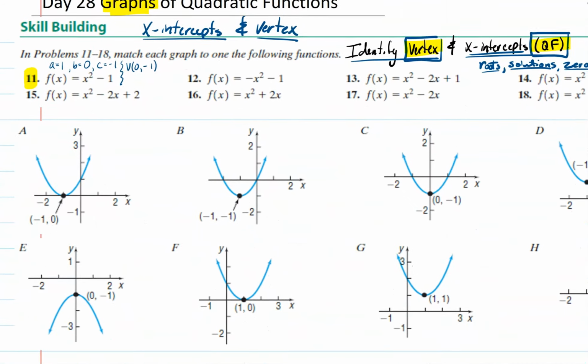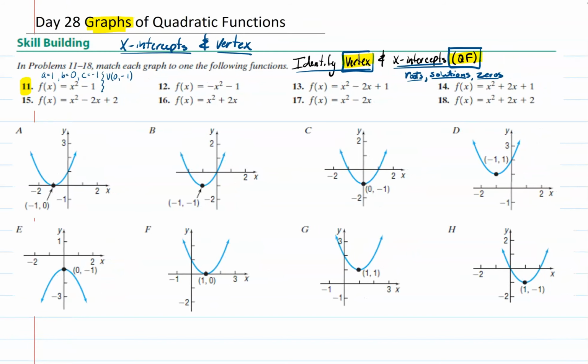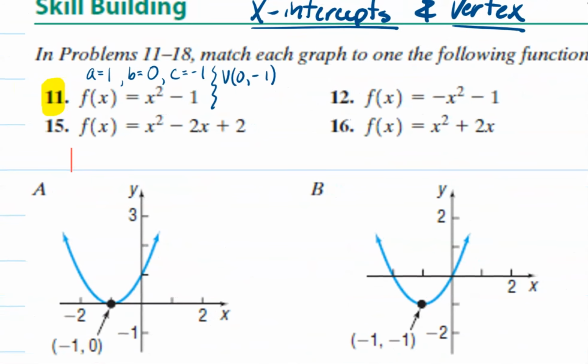Now if that's sufficient for us to identify the graph, then in a testing situation, I would probably tell you to select that option. And it looks like option C is the only one that has an x-coordinate of 0 and a y-coordinate of -1 for the vertex of the graph. So I already am led to believe that the graph that matches number 11 is graph C.